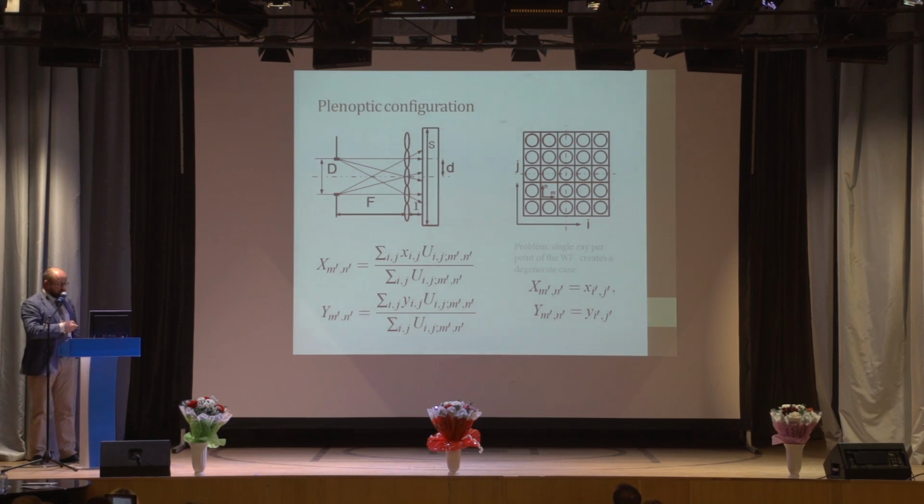In this configuration, we have a lenslet array that is placed behind our pupil. And each microlens in this lenslet array builds an image of the pupil on a sensor, on a CCD sensor in this case.